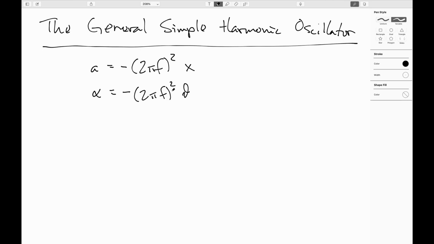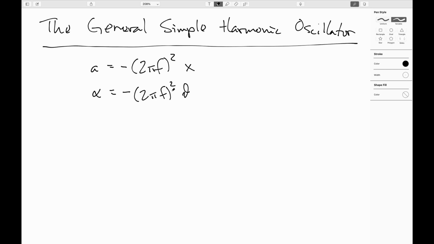For instance, we could replace these variables with equivalent variables for electric charge and discover that there are certain electric circuits that act like simple harmonic oscillators. And so this is an important pattern to recognize in physics.